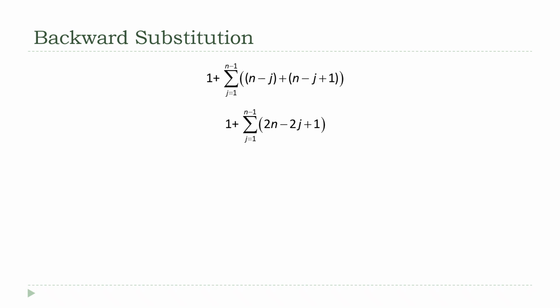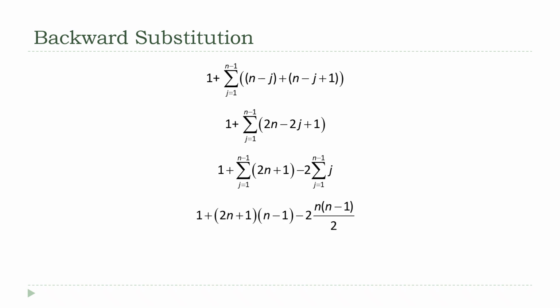Because the parts that don't have a j, the 2n plus 1 there, that's essentially a constant with respect to that index variable. So the first summation becomes 2n plus 1 times n minus 1. That was the first formula from the previous slide. And the second summation becomes n times n minus 1 over 2. Again, with that 2 out in front.